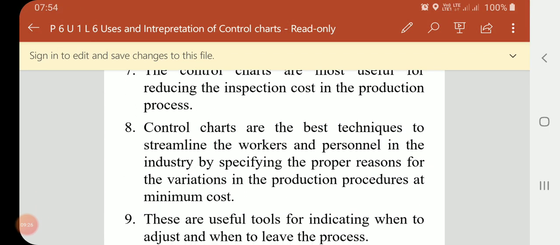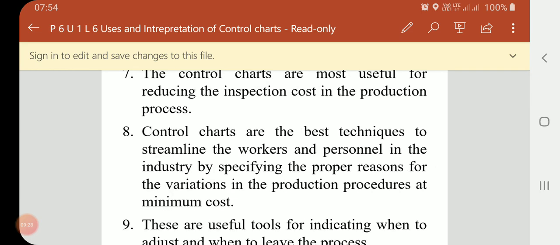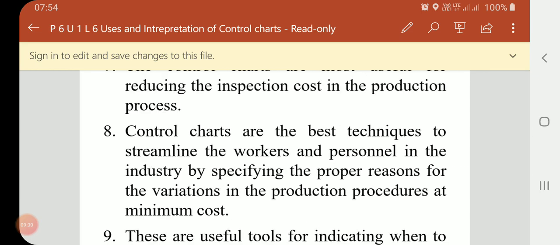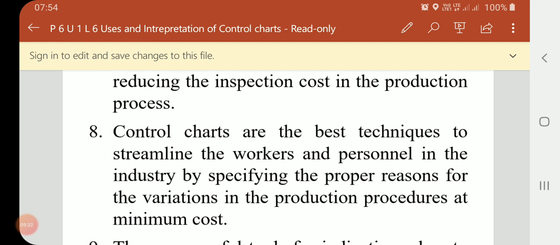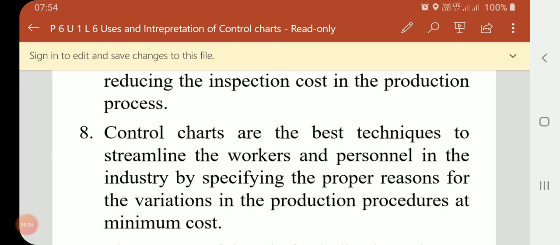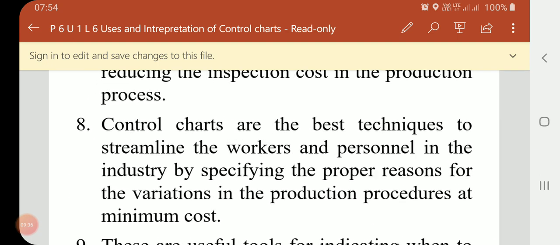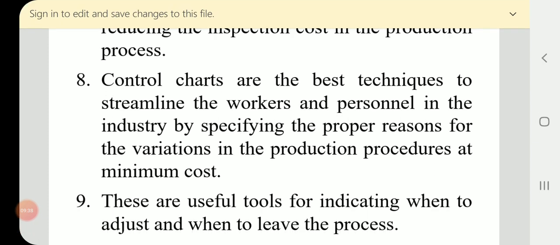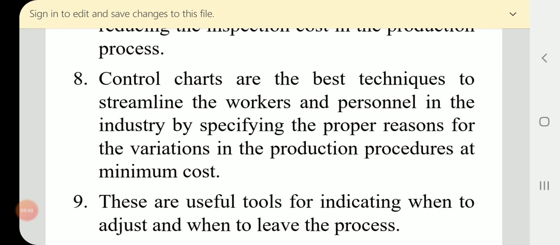These are some of the important points which are going to be identified and which are to be eliminated. These are the indications which we have drawn from the assignable cause of variation. By identifying the assignable cause of variation, we can definitely streamline.